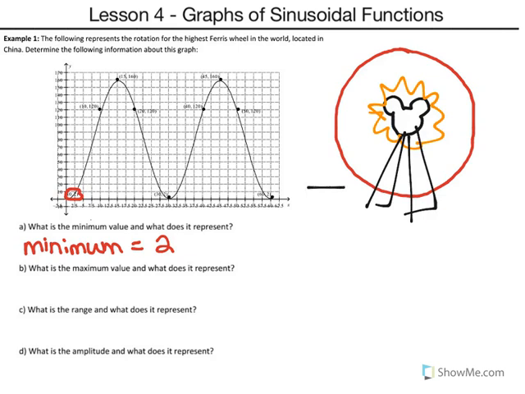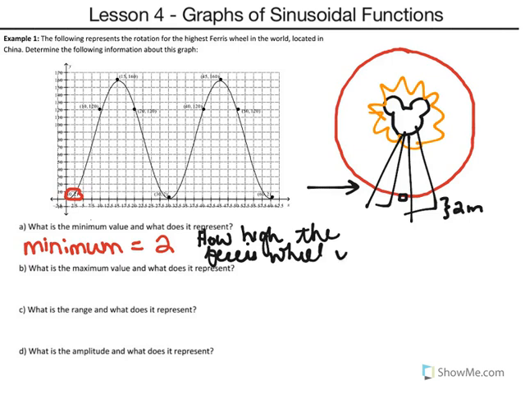what this 2 represents is the lowest point. So that means it's 2 meters above the ground, where the little cars go. 2 meters above the ground. So the lowest point is how high the Ferris wheel is off the ground.